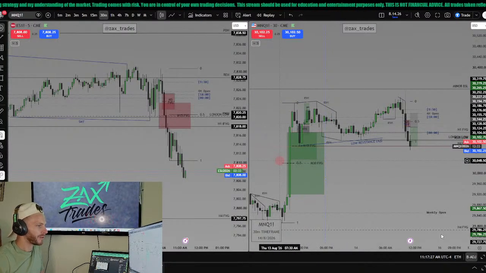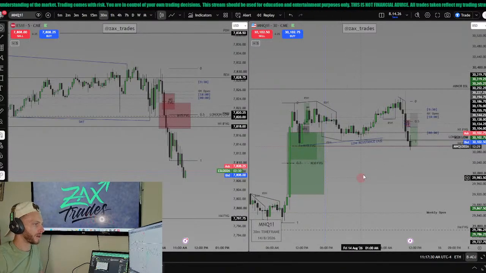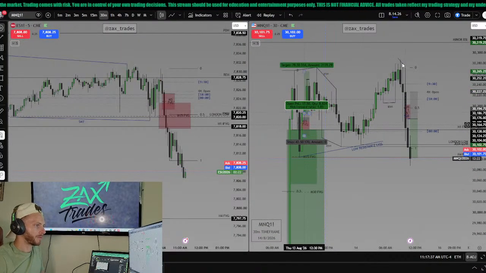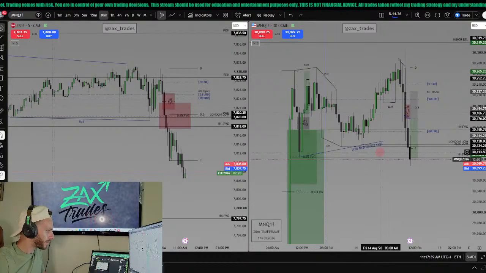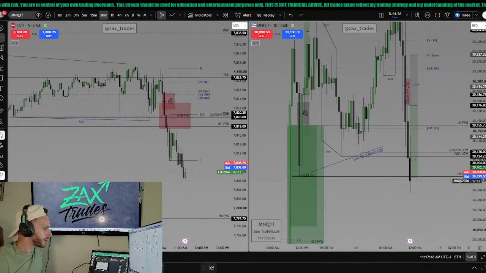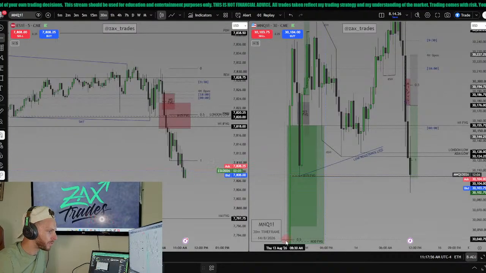So now the fair value gap, I don't really care about anymore because we've already tapped it yesterday. We've already utilized it. It's already made a higher high. But what we could potentially see is price wanting to pull back towards our equilibrium that we created.